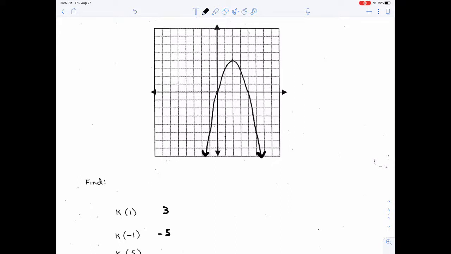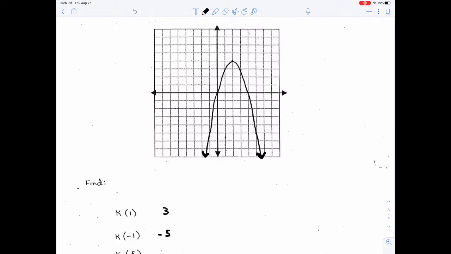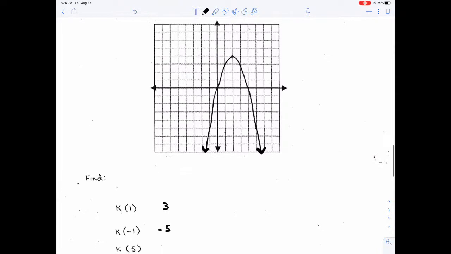And I'm erasing these as I'm going, so you may have to back up the video a little bit. The k of 5. What's the value of y when x is 5? So I'm going to go up to an x value of 5: 1, 2, 3, 4, 5. And what's the corresponding point on this graph that has an x value of 5? Right there. And its y coordinate is negative 5.